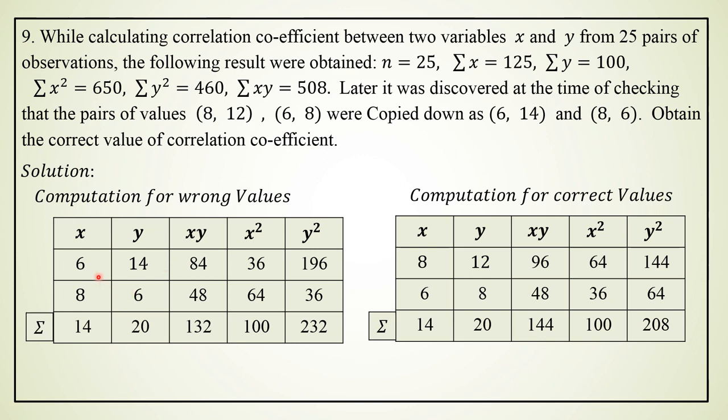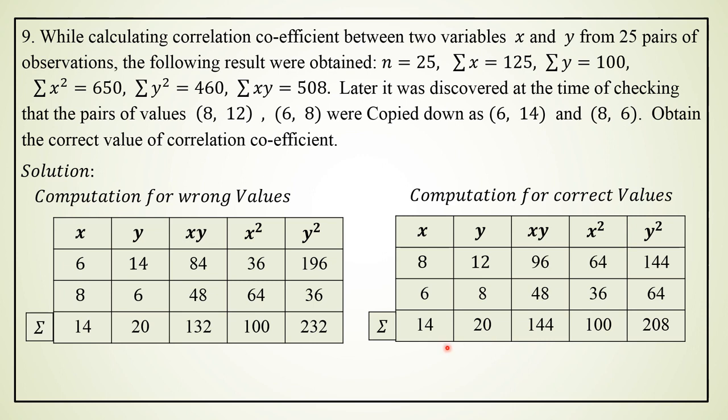The wrong values over here are 6, 14 and 8, 6. Just take the sum of 6 and 8, it is 14, and the summation of y, 14 plus 6, is 20. And the correct values are 8, 12 and 6, 8. Summation of x over here is 14 and summation of y is 20.